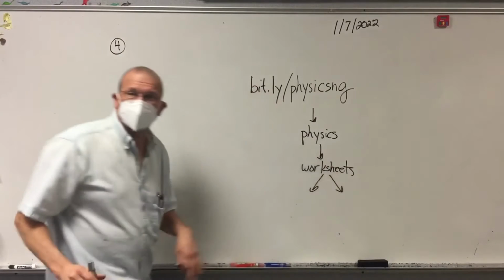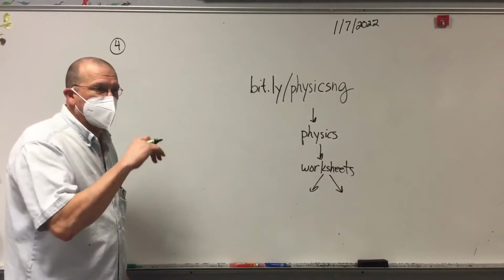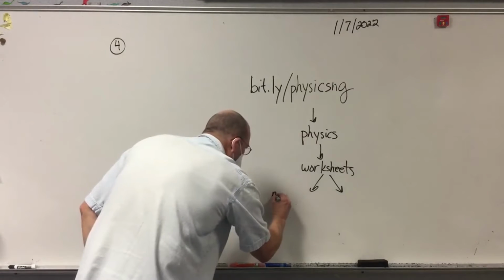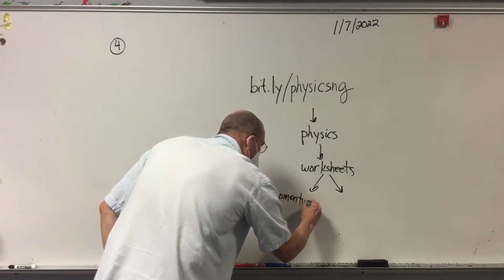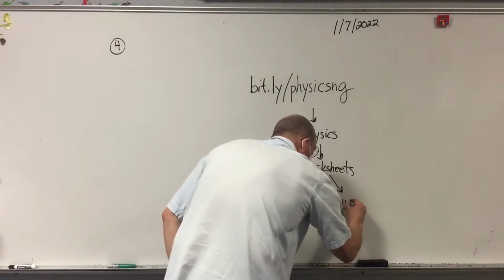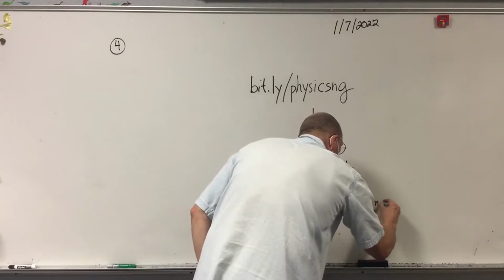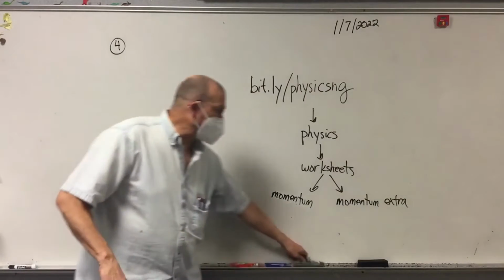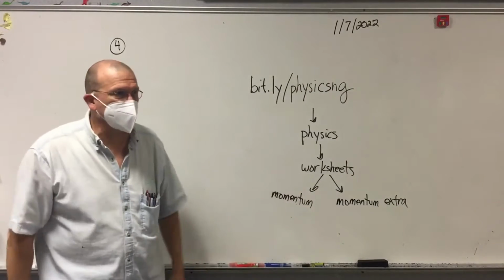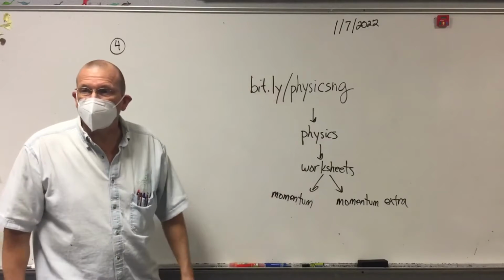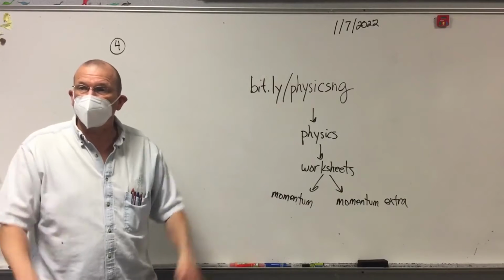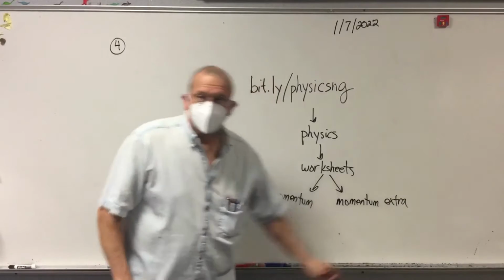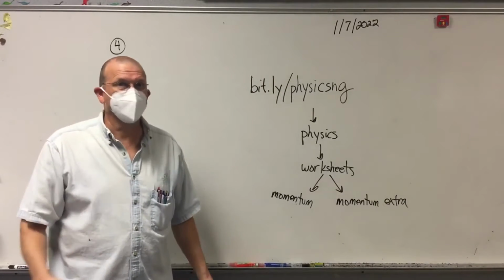There are 2 separate worksheets listed on the web page that are all stapled together in your packet. One of them was called Momentum, and the other one was called Momentum Extra. So you can digitally access the packet that everybody who's been here in class has picked up by going online and going there. And if I get a chance, maybe I'll upload them onto the Google Classroom assignment as well, so it'll be right there. But there's no excuse for someone to say, oh, I didn't know where they were. Okay?